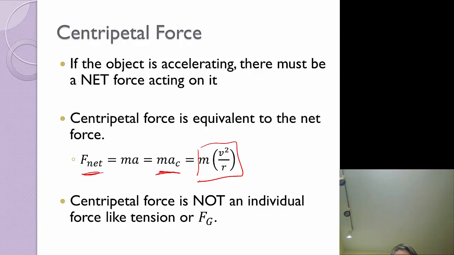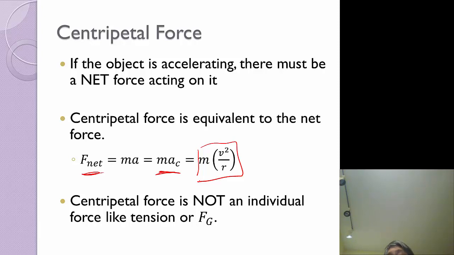You must be very clear, we never draw a centripetal force on our free body diagram. You don't draw an arrow on your free body diagram and label it F sub c. That would be completely incorrect because there is no such force. That's not to say there won't be a force towards the center of the circle.